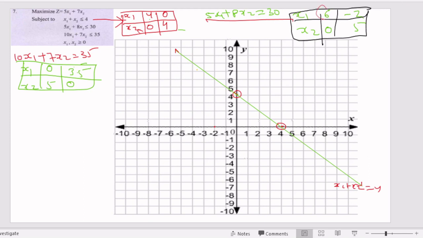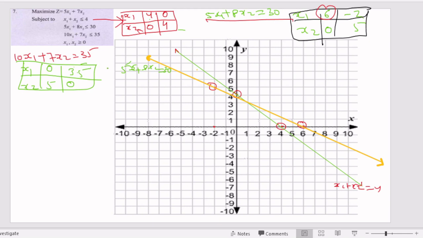When x1 is 6, at this point x2 is 0, so exactly this point. When x1 is minus 2, x2 is 5, so exactly this point. Let's join this line also. The name of this line is 5x1 plus 8x2 is equal to 30.